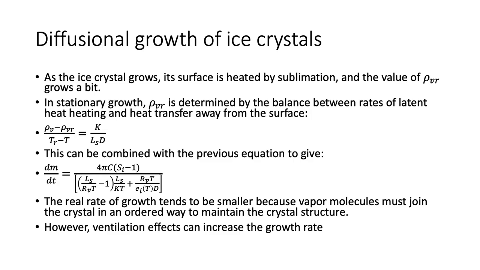And something similar to what we said about the growth of cloud liquid droplets applies to ice crystals. So you remember, we said, when the water vapor molecules attach to the liquid water droplet, they release some latent heat, right? Latent heat of condensation, of course.